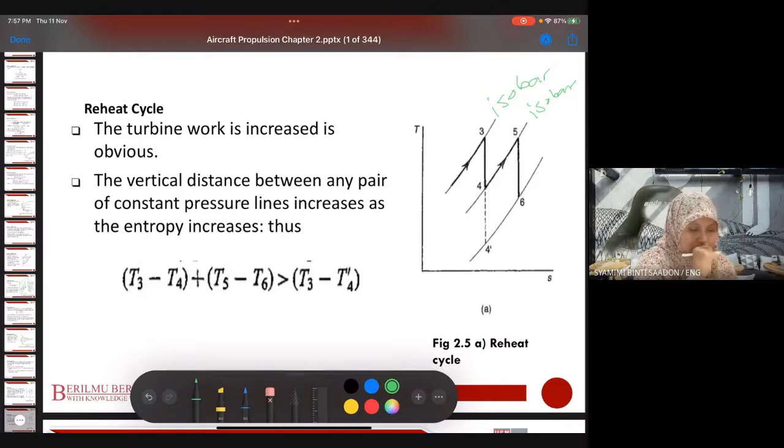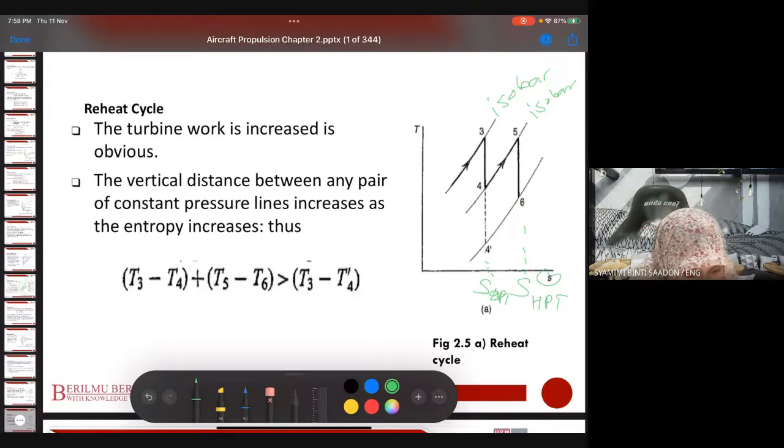So if the entropy is S1 at this point, I call it SA, and this is the LPT, and this is the HPT. A higher value of entropy means the vertical distance, meaning the expansion process in the turbine, will increase, which means the work output will increase.